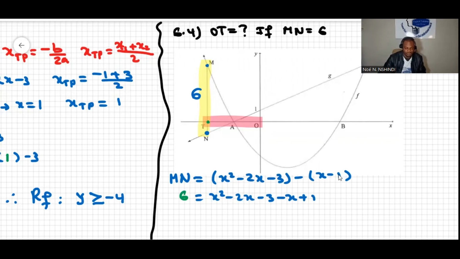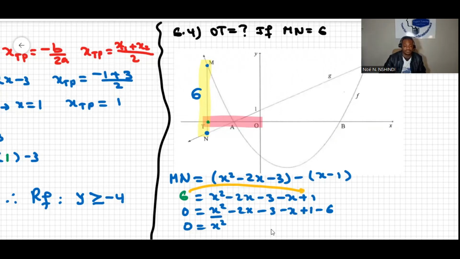Now I'll move this 6 to the other side of the equation, so it will be 0 equals x squared minus 2x minus 3 minus x plus 1 minus 6. Now let us group like terms. So 0 equals x squared.